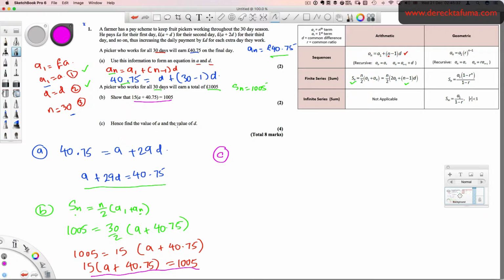Hence find the value for A and the value for D. Now we've got two equations.